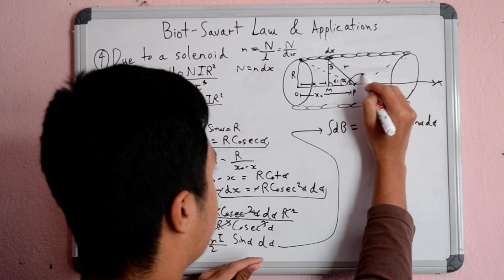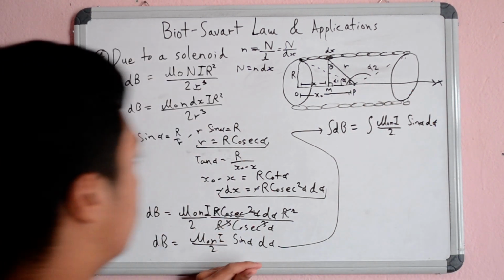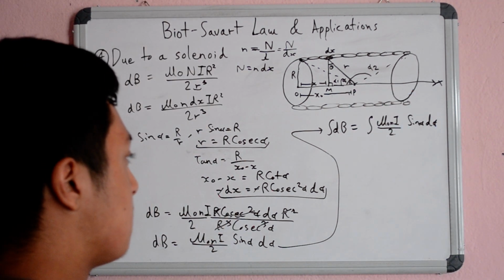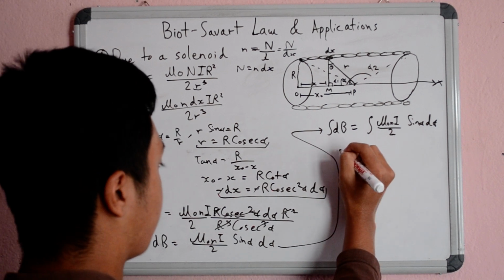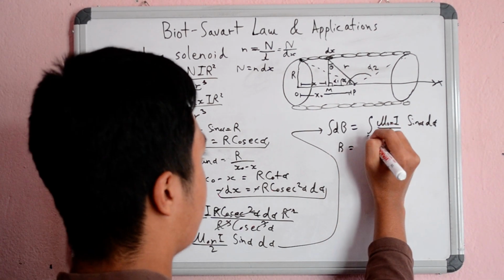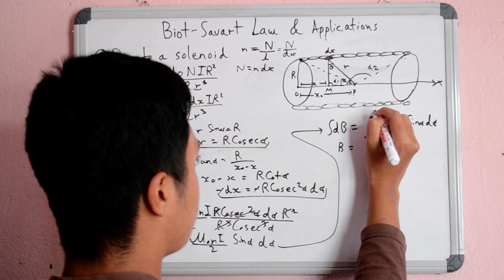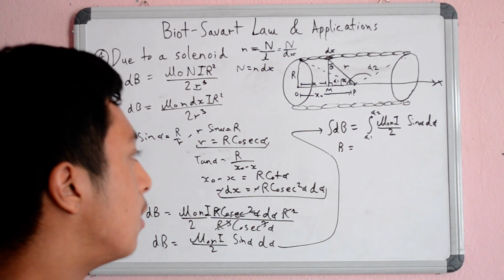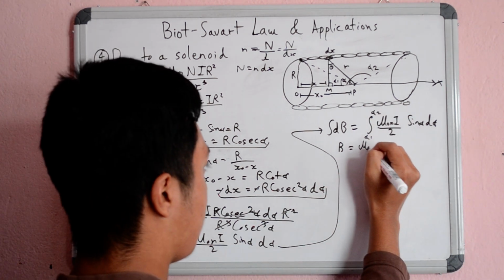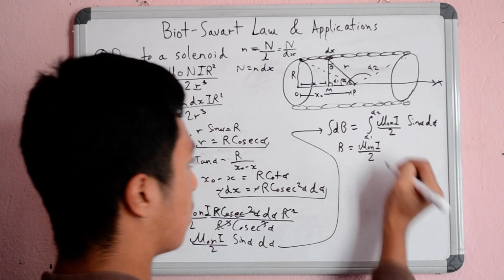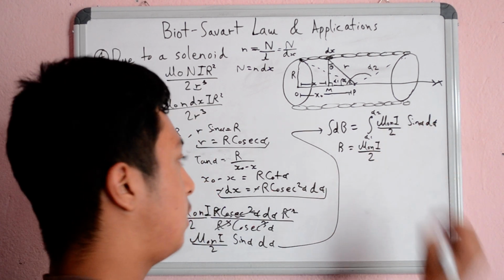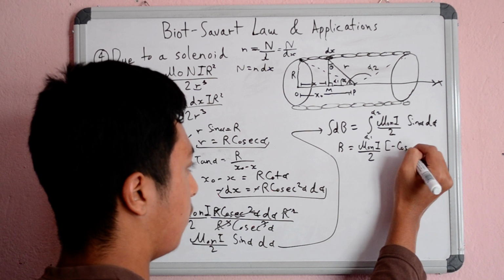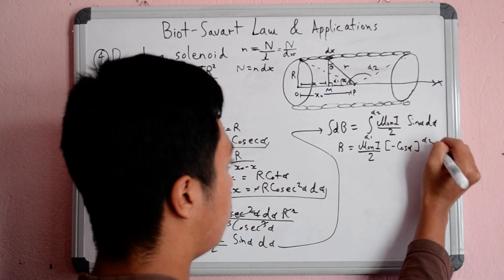So this big one will be alpha 2. So now B goes from alpha 1 to alpha 2. And now mu naught n I by 2 is a constant, and sine alpha's integration is minus cos alpha, going from alpha 2 to alpha 1.